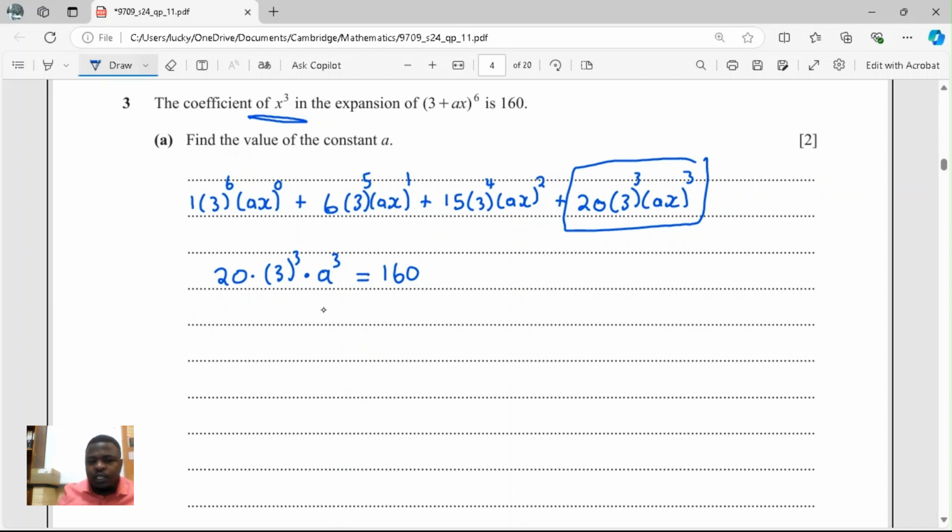That's 540. So a cubed is 160 over 540, which will be 8 over 27. If you introduce a cube root on both sides, it will be 2 over 3. There you go. You have solved for the value of your constant a.